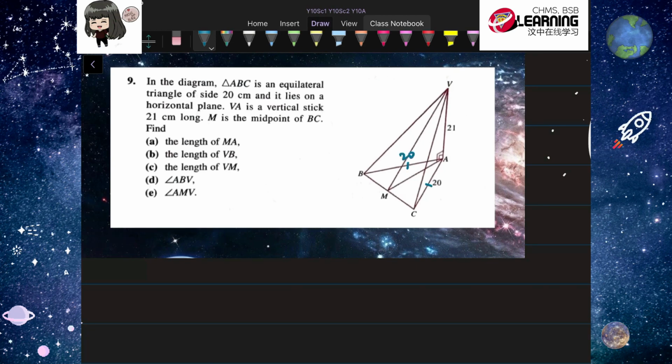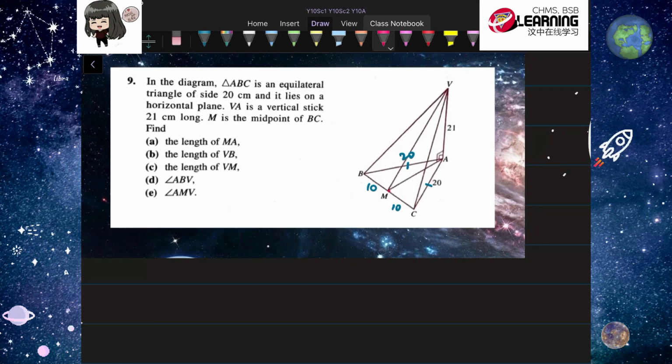BC is also 20, but since M is your midpoint, here is 10 and here is 10. So VA is a vertical stick, a pole on the ground. ABC is on the ground. So find the length of MA.